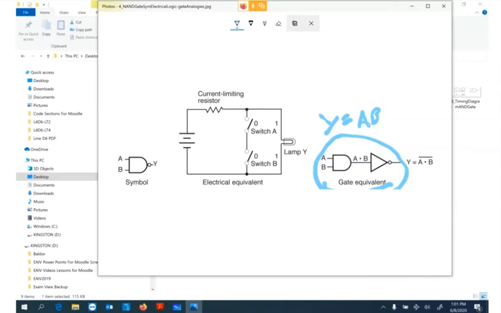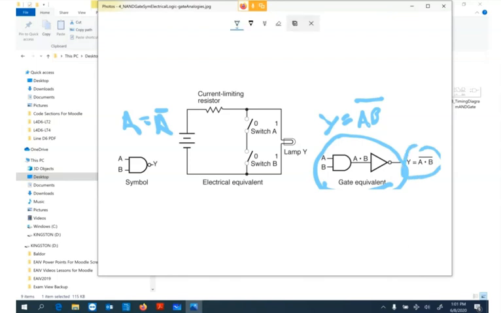But you'll notice here, because of the inverter gate, the Y is negated, but rather than putting the bar over the Y like they did with the inverter gate, they put the bar over the whole equation, which is down here.